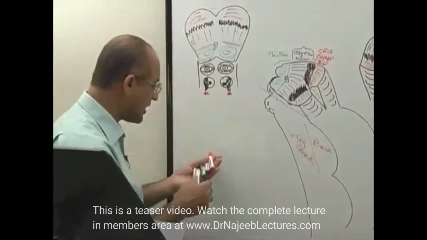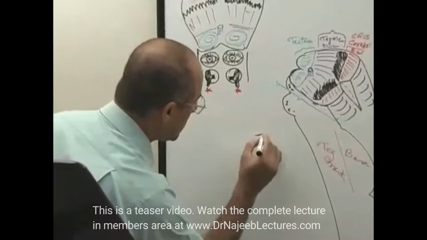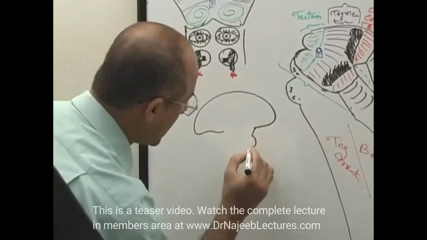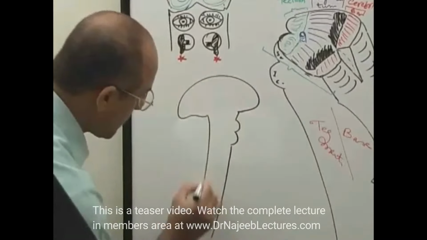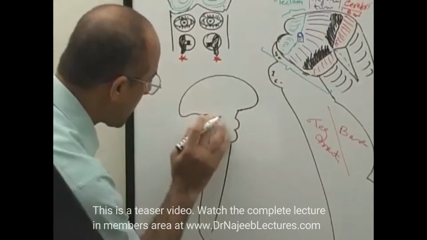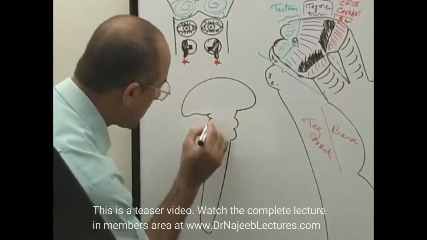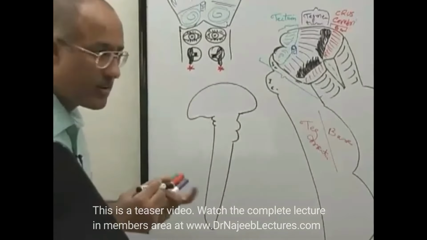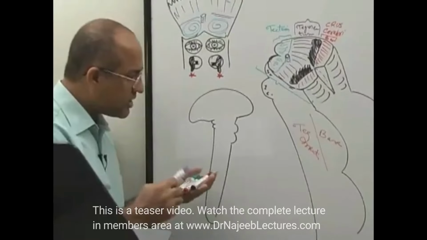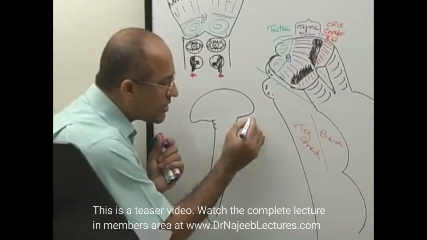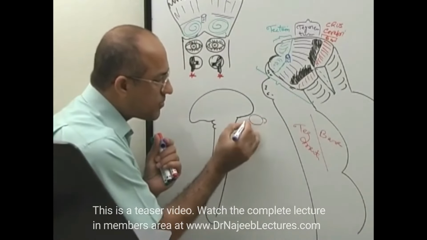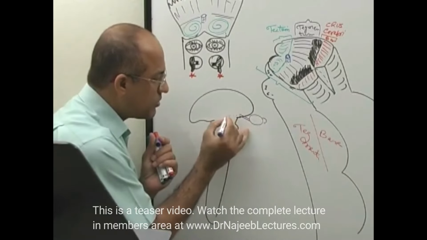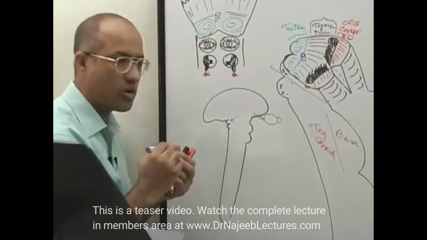So now I will draw another diagram to make some concepts clear. Superior colliculus, inferior colliculus, right? Now what really happens? Superior colliculus should be connected with which system? Visual system. Some visual connection should come to the superior colliculus.